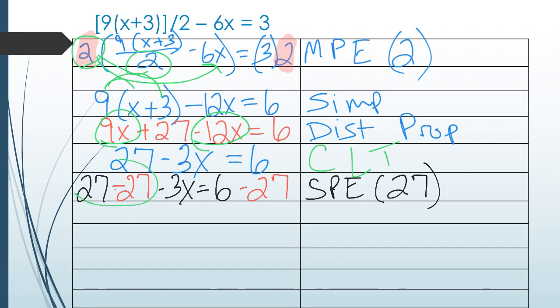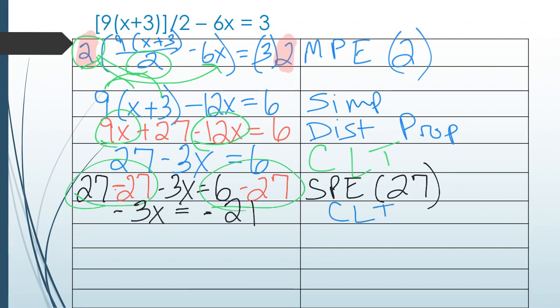Again, I'm going to combine my like terms here and here. And my next line will read negative 3x, make sure you don't lose that negative, equals 6 minus 27 gives me negative 21. Sorry, that was when I combined my like terms.